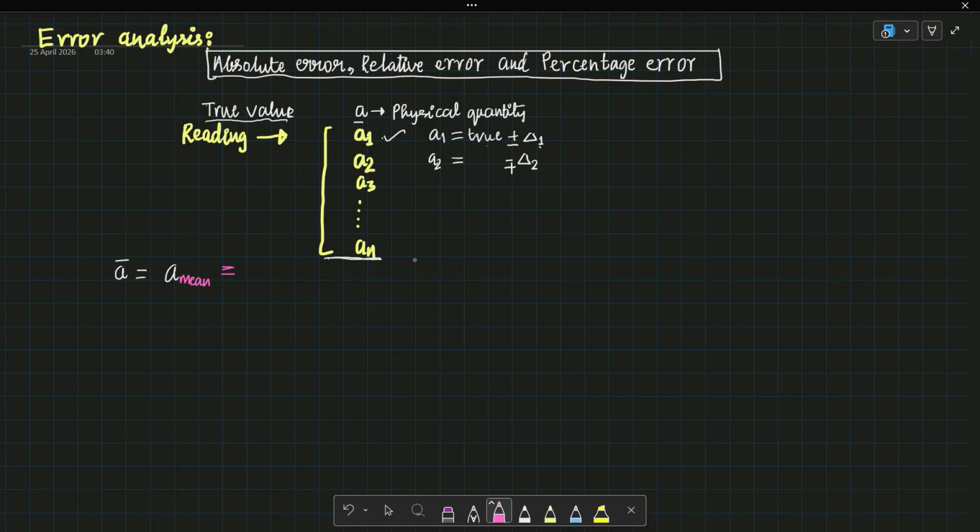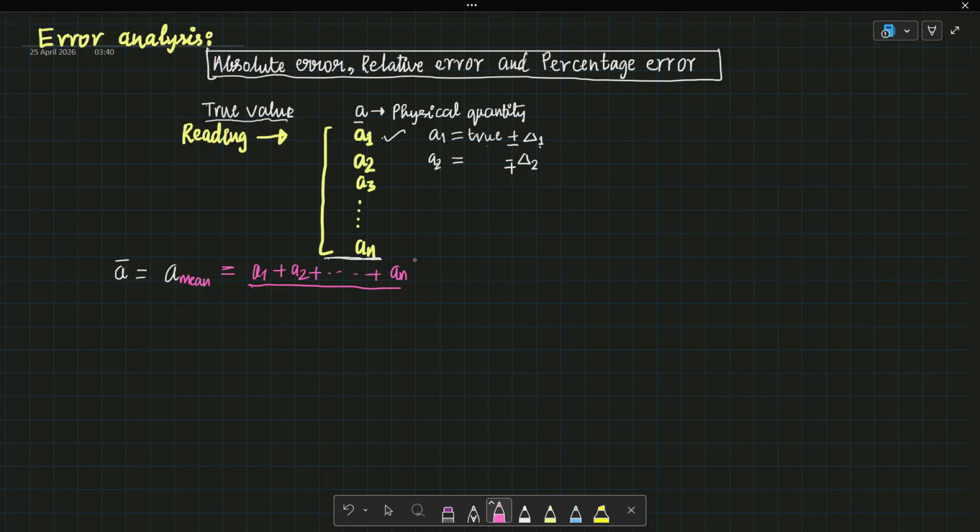We are taking the average of all these measured values, and all of them contain some error. It is possible that a measured value will be more than the true value or less than the true value. Both are equally probable. You cannot say that in measurement there will always be an extra value; it could be less than the true value as well.